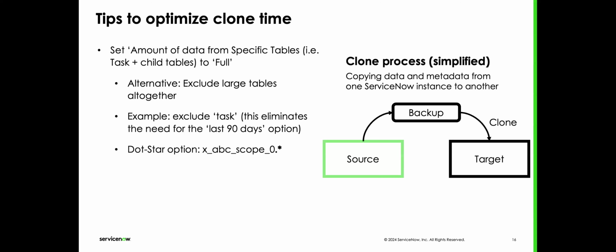And instead of having to create lots and lots of exclusions, you can move a bit faster. So just a time saver there for you. One thing to keep in mind, if you exclude a parent table, the child tables are automatically excluded as well.